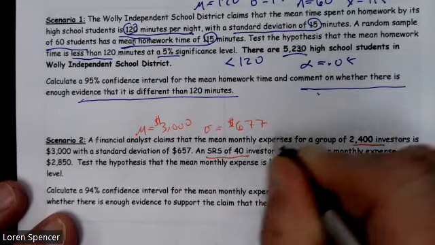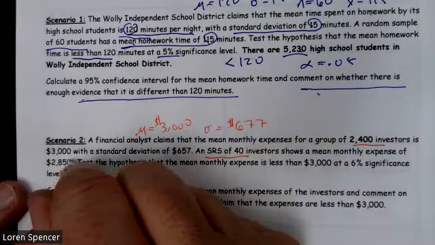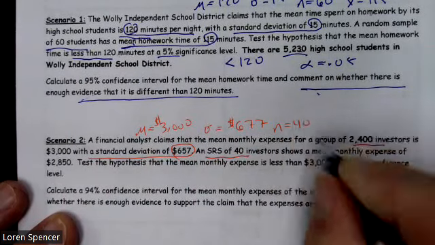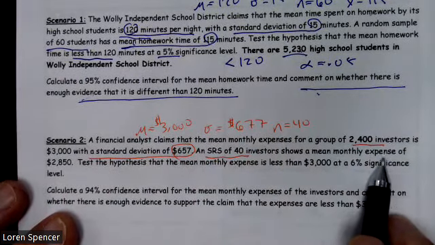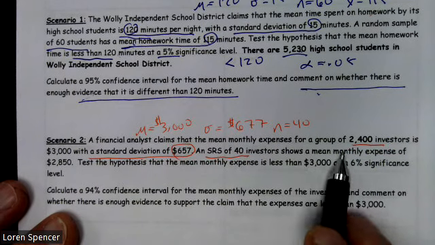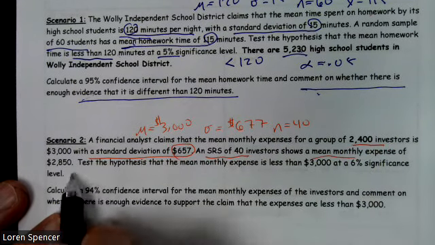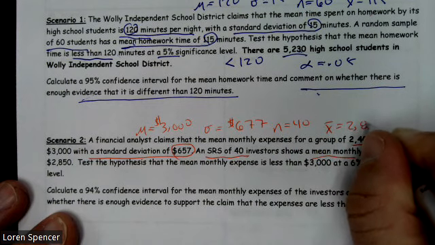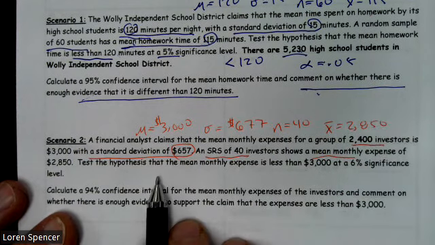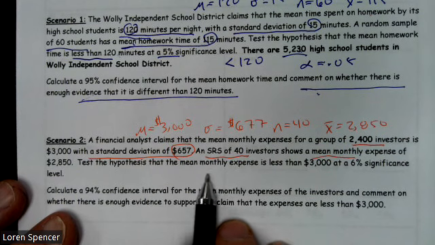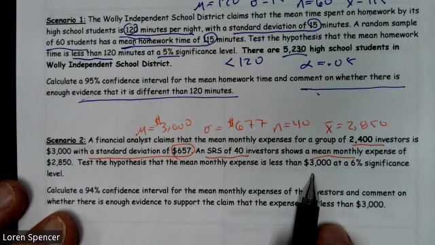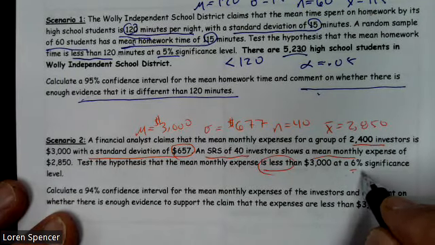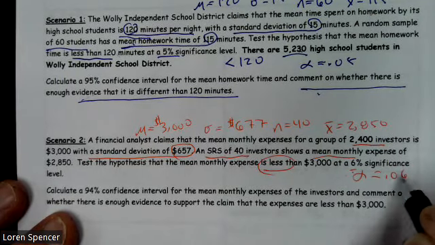A simple random sample of 40 shows a mean monthly expense, our X bar, of 2,850. Test the hypothesis that the mean monthly expense is less than 3,000 at the 6% level. So alpha equals 0.06.